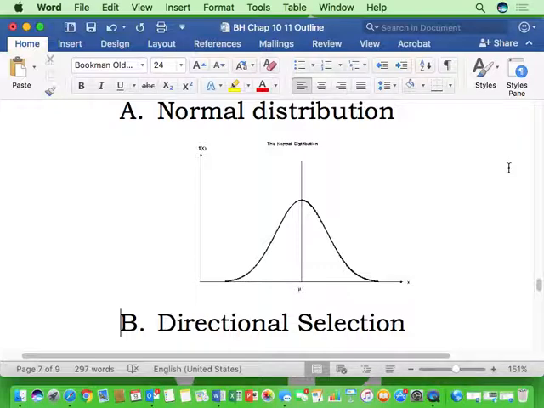I have some laser discs from an old biology book, and they have an excellent example of directional selection on them. And maybe I'll dig them out next week and see if I can get them working. But their example is with moths during the Industrial Revolution. So the moths, they call them peppered moths, are kind of grayish in color, and they blend in really well with tree bark.